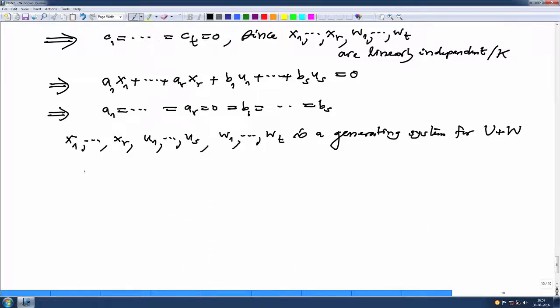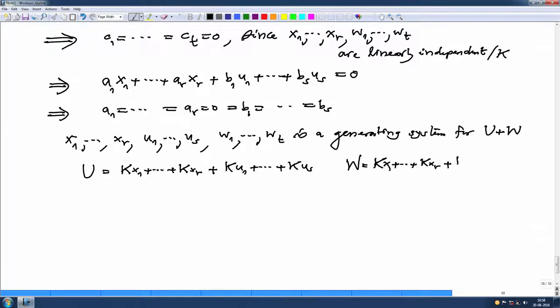But u is, by our choice, generated by x1 to xr along with u1 to us, and w is generated by x1 to xr and w1 to wt.